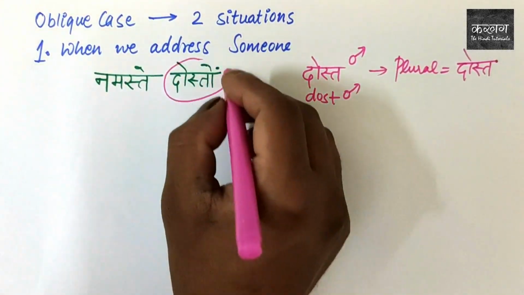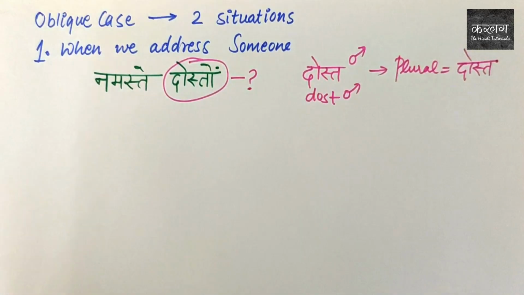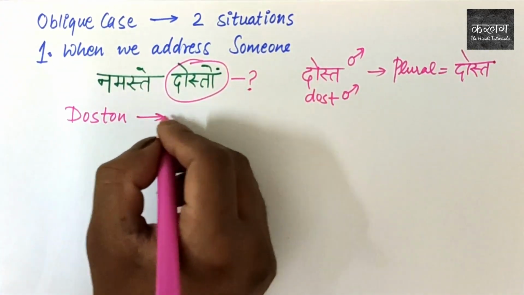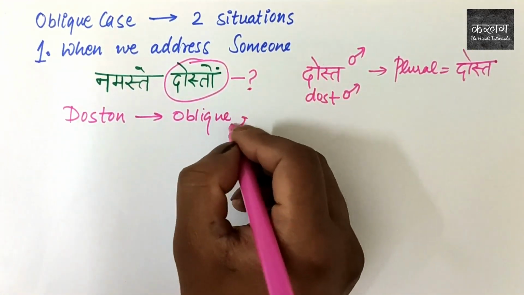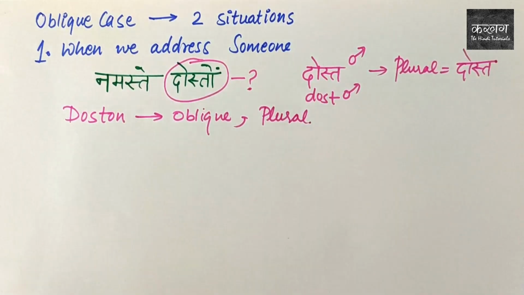Then what is this word doston? Doston is the oblique form of dost in plural. And because I addressed you, I used the oblique case. I didn't say Namaste dost. I said Namaste doston. I used the oblique case.